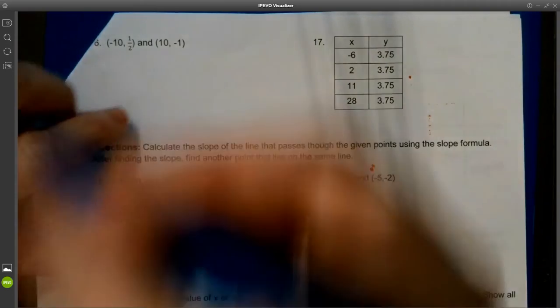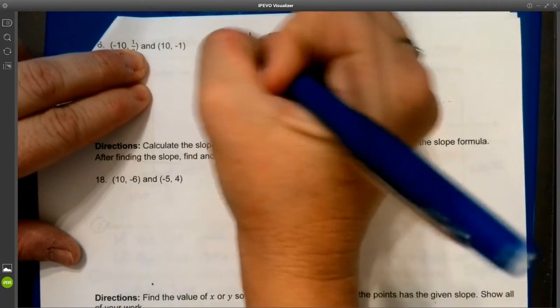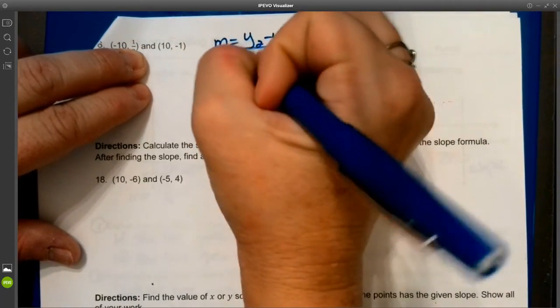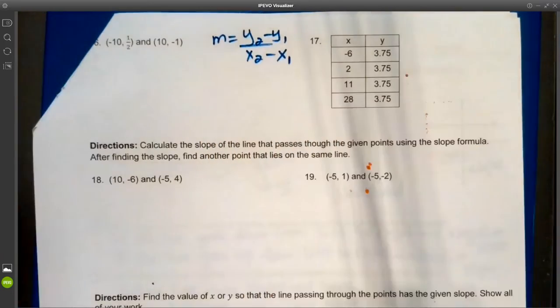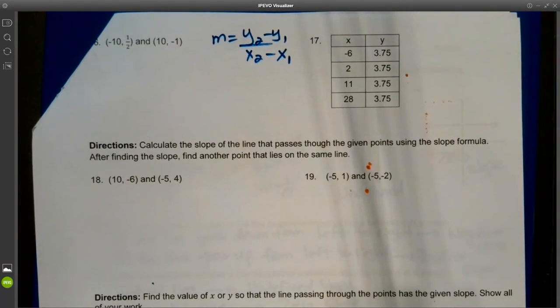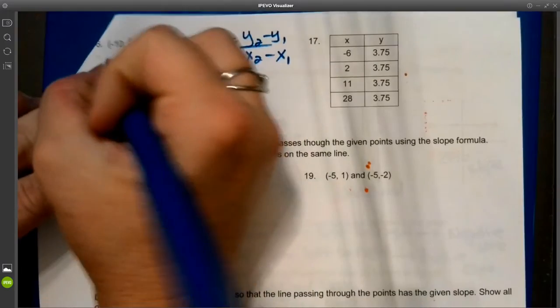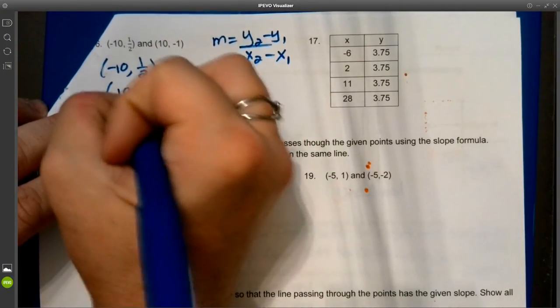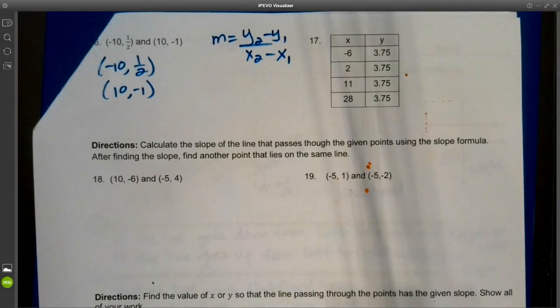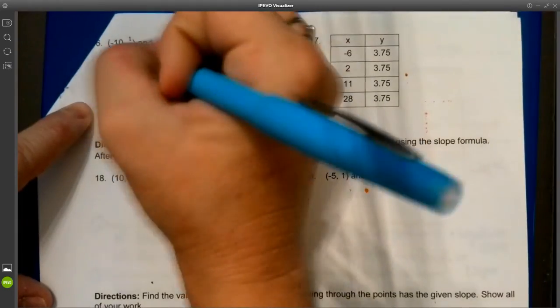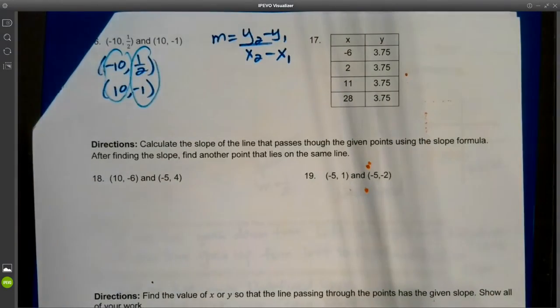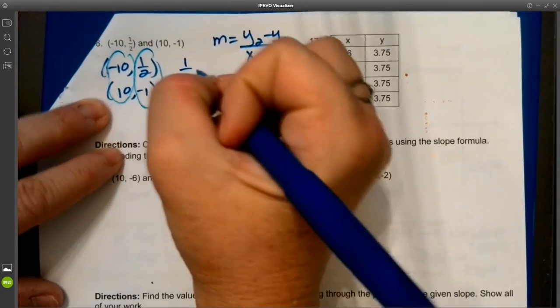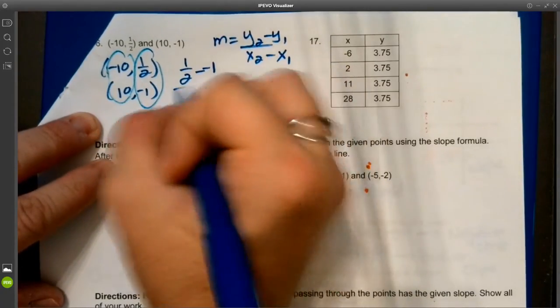Again, you can focus on the slope formula, but I think that gets confusing on really thinking what y2 and y1 is, because it doesn't really matter as long as you subtract and you are consistent. So simply just stack them and subtract them, and then you can find the slope.